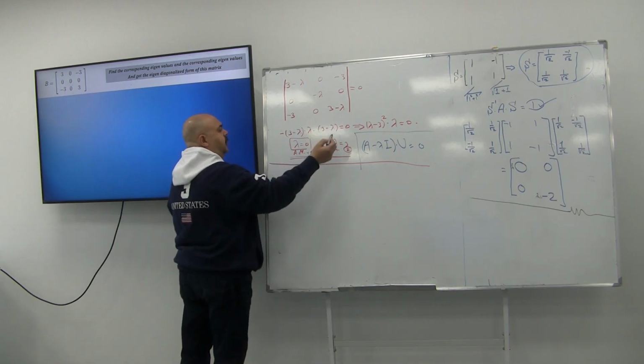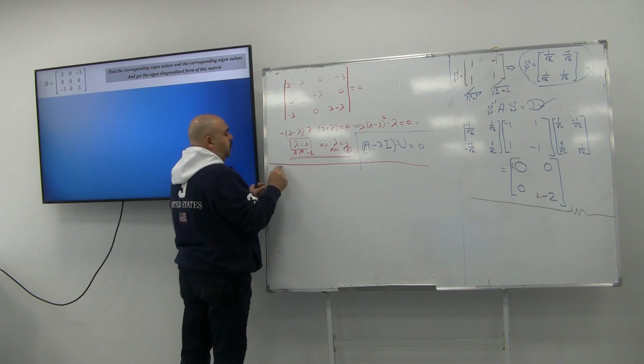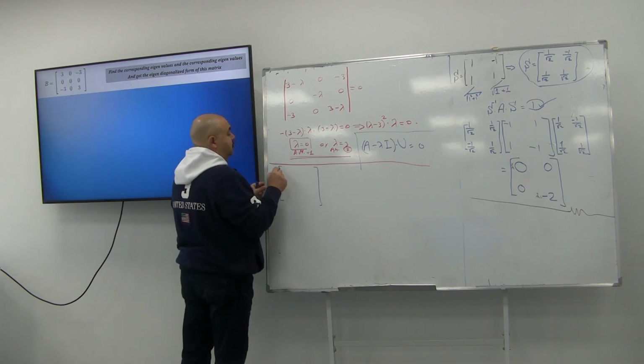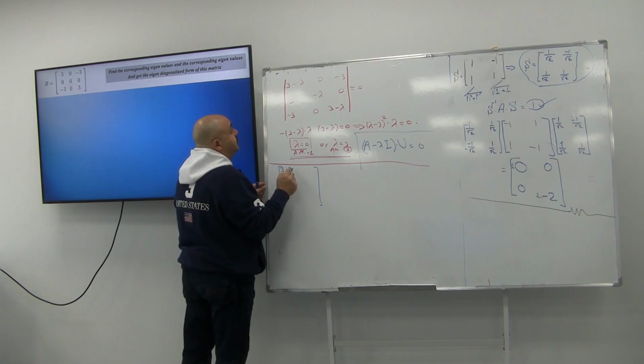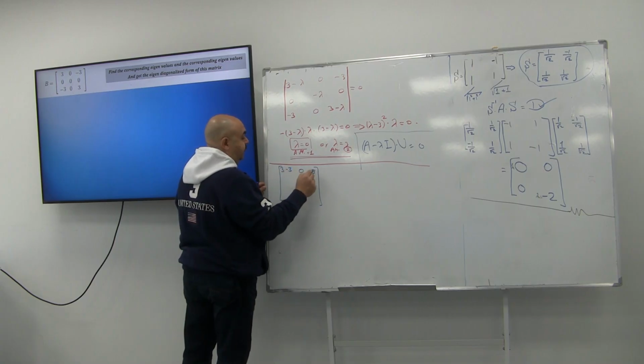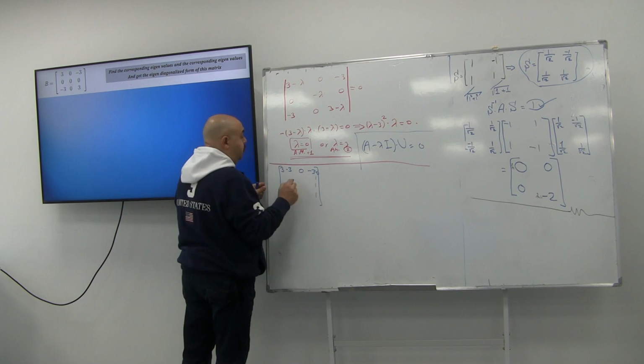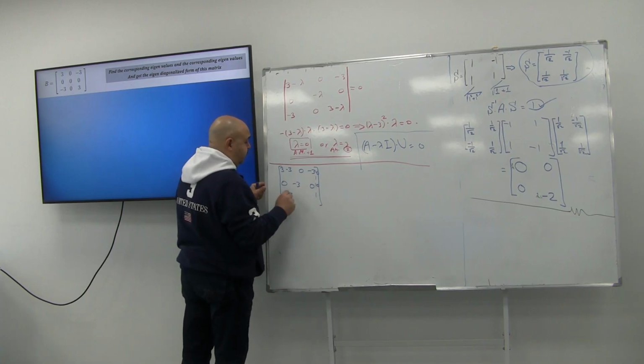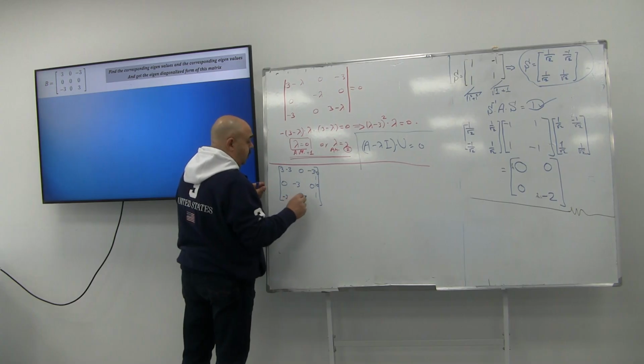While we use 3, I will do it very, very slow. So it's going to be 3 minus 3, then I will have 0 and the negative 3 equal to 0. For the second row, it's going to be 0, minus 3, and the 0 equal to 0. For the last one, it's going to be negative 3, also 0, then a 0 equal to 0.